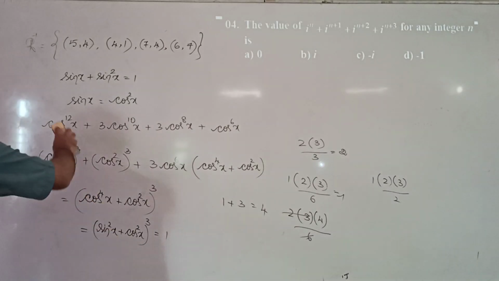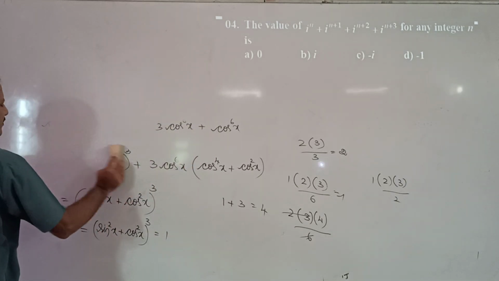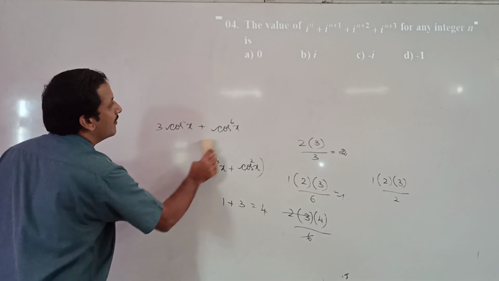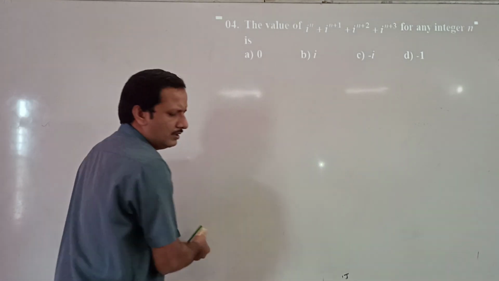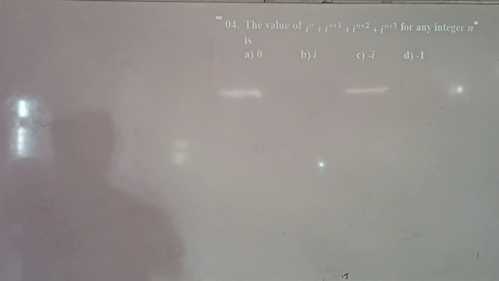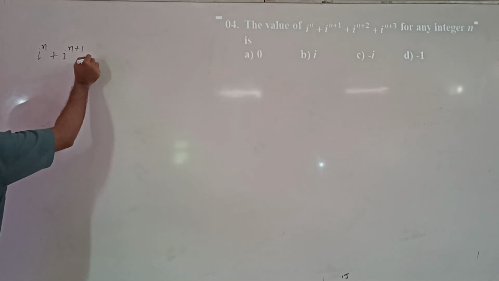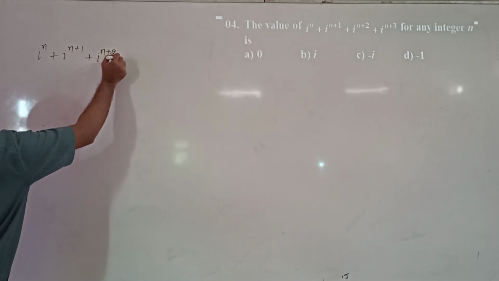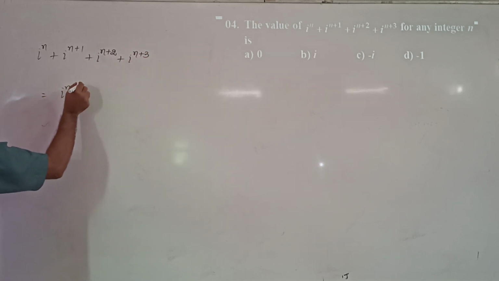Then, question 4. The value of i^n plus i^(n+1) plus i^(n+2) plus i^(n+3) is. We are asked to find i^n plus i^(n+1) plus i^(n+2) plus i^(n+3). I take i^n as common.